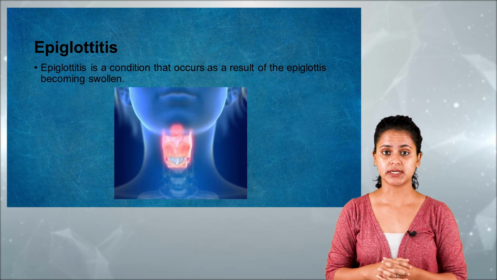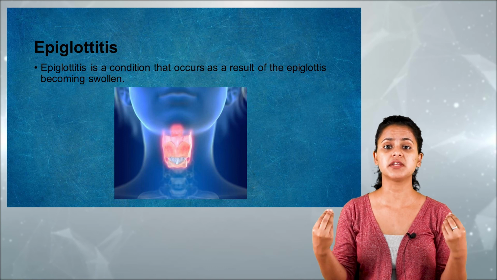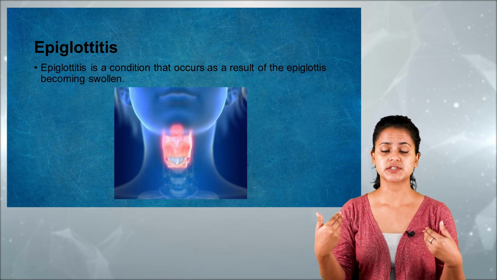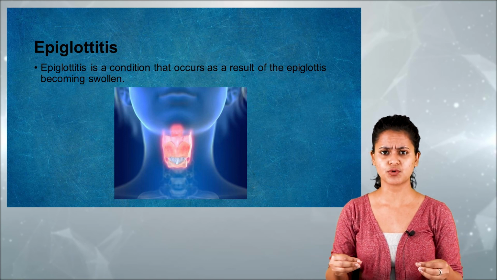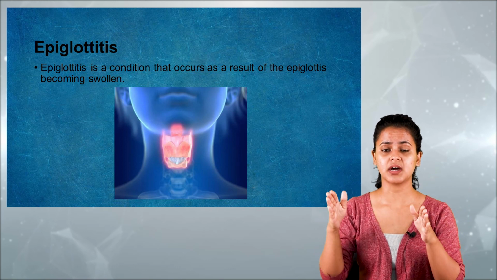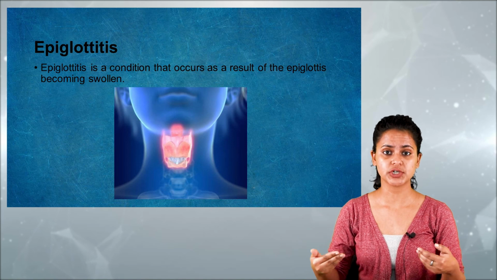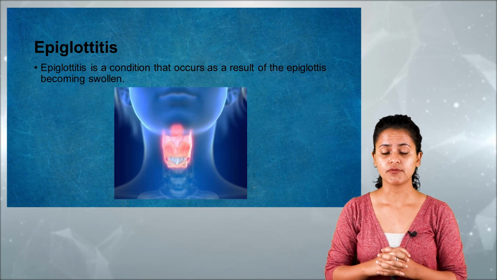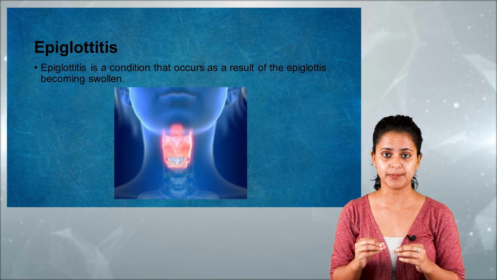Now, if there is any infection present, or because of the invasion of an infectious pathogen, or because of drinking some hot water or touching some hot object, the epiglottis can be affected. The infection or the pathological process will ultimately cause inflammation of this flap.